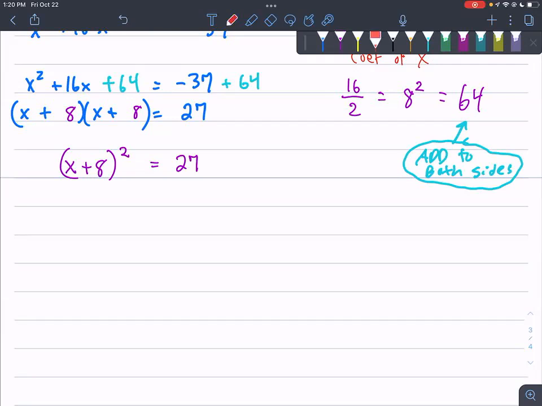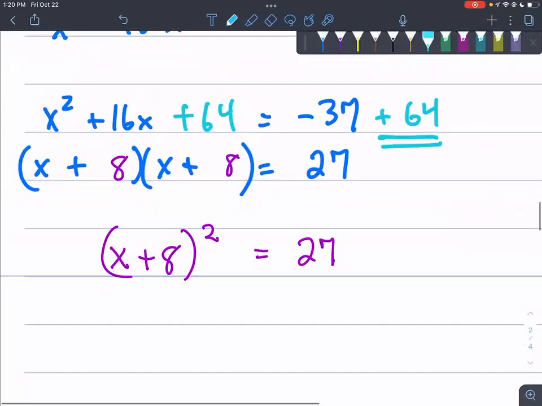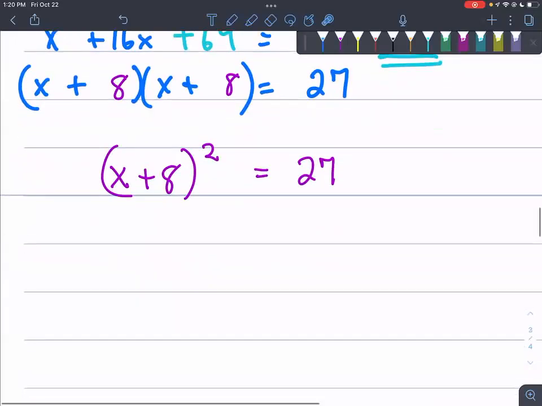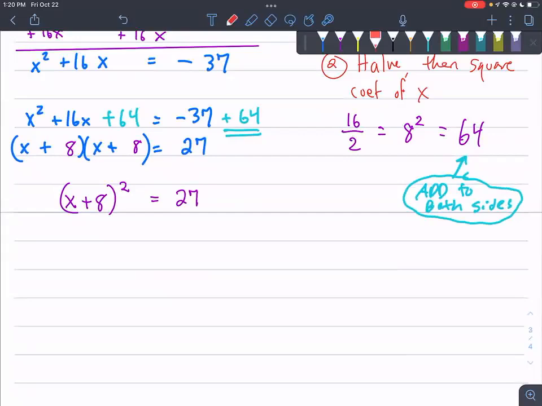So the shortcut, though, is you do need the 64 because you have to add the 64 to the right side. Let me zoom in just a little bit. We do need the 64 because we're adding it to the right side. But if you want to jump from this step to the parentheses squared, this is the part that you'll be asked to fill in. This part and then the right part. The way it always works is this number, the half number, ends up being what's in the parentheses.